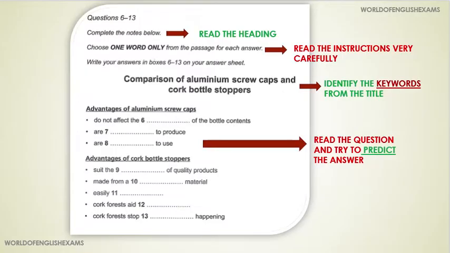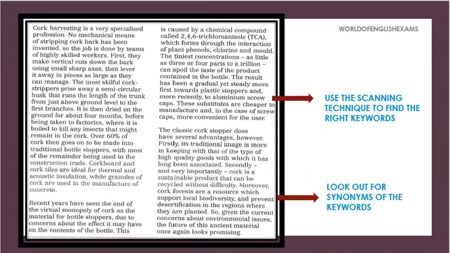As you can see, R dash to produce. Produce is the synonym for manufacture. So, what is the seventh answer? Are cheaper to produce. Here they are making a comparison between the aluminium screw caps and the cork bottle stoppers. So, which one is cheaper to produce? The aluminium screw caps are cheaper to produce. So, the seventh answer is cheaper.